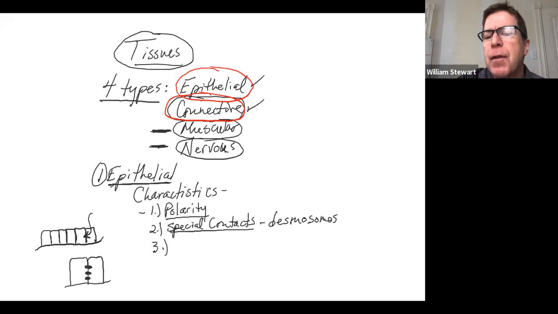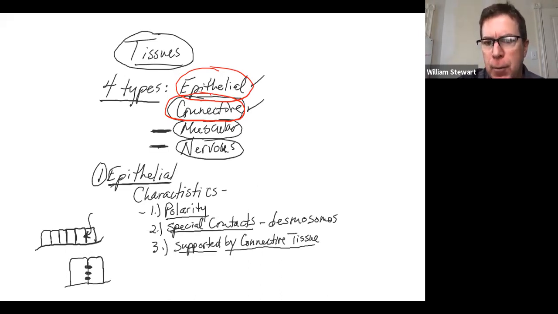Third characteristic is typically epithelial tissue is supported by connective tissue. There's almost always some sort of connective tissue involved with epithelial tissue.